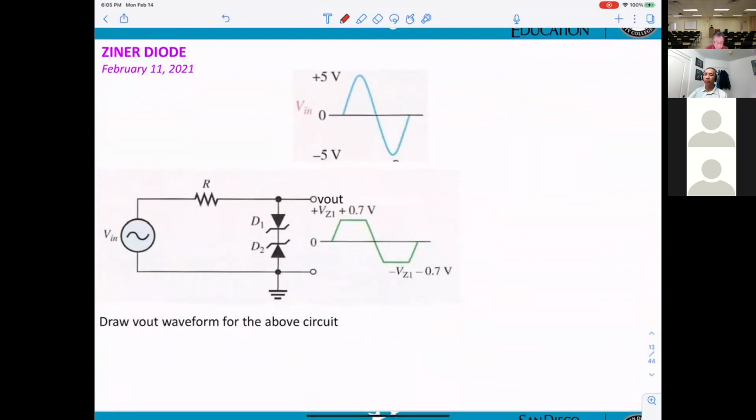The only thing is they're using two zeners. When they're using two zeners, then at the positive peak voltage, one zener will be in breakdown. So for this one here, let's see.